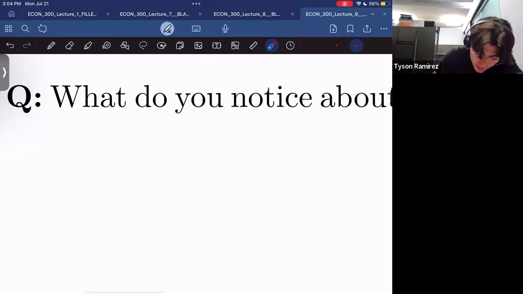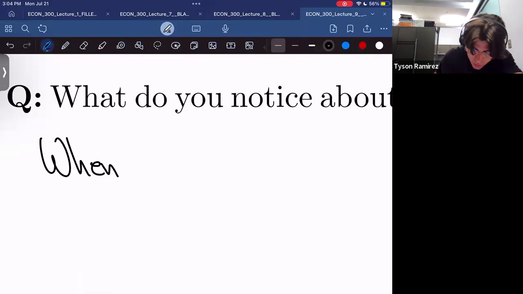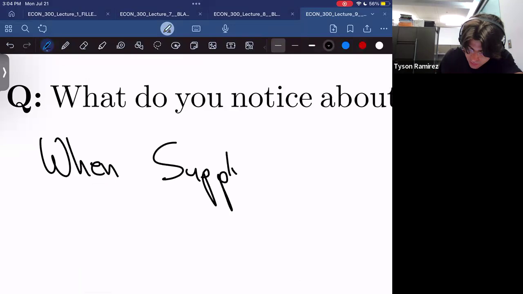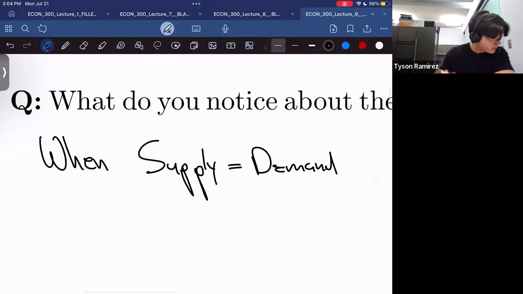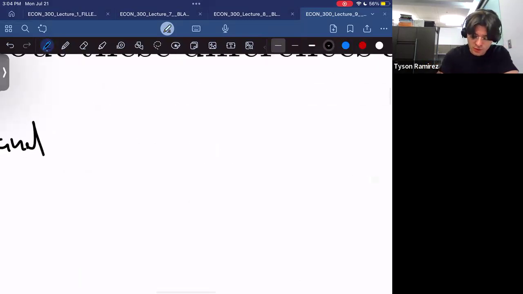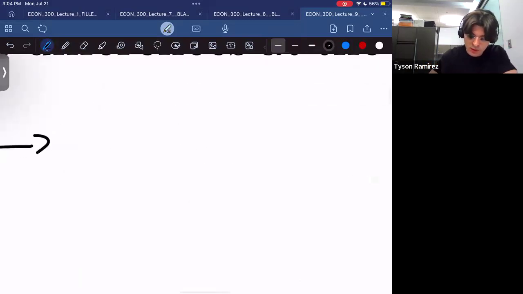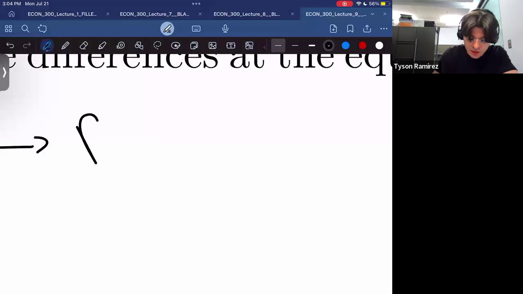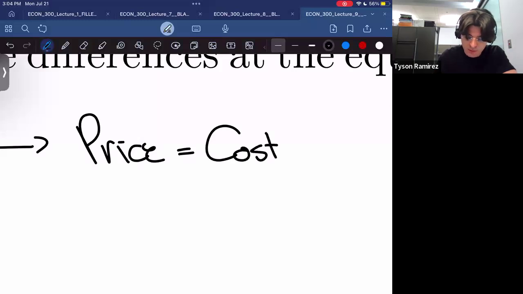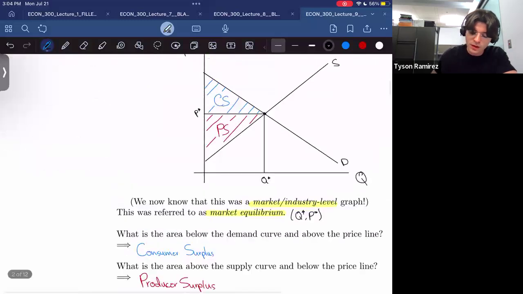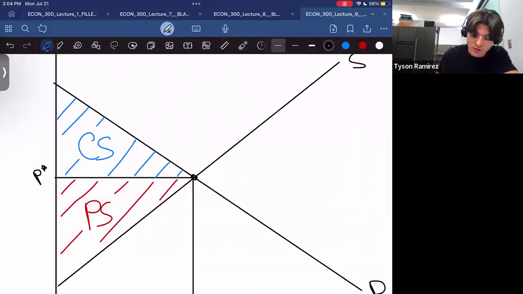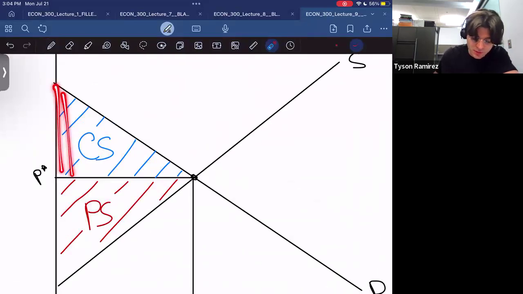So what I wanted to say was that when supply equals demand, this is analogous to price equals cost. The total consumer surplus is the sum of all of these individual surpluses.